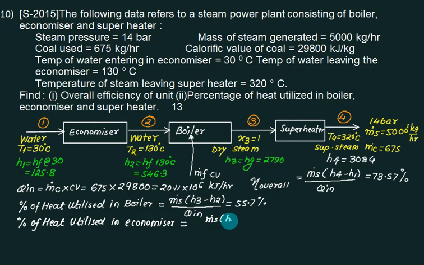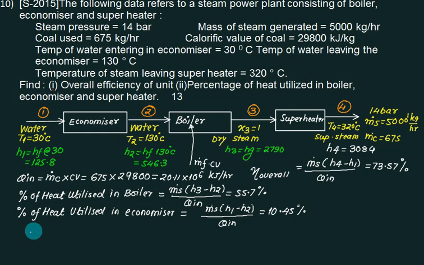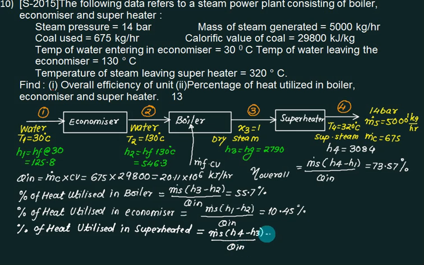M dot S, H2 minus H1 by Q in. Lastly, percentage of heat utilized in superheater, 3 and 4. So M dot S, H4 minus H3 divided by Q in. Cross check your answer. Is this sum equal to this sum?